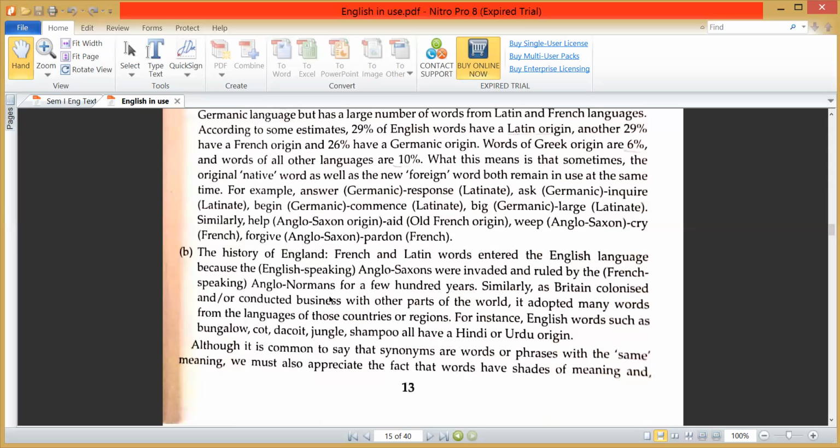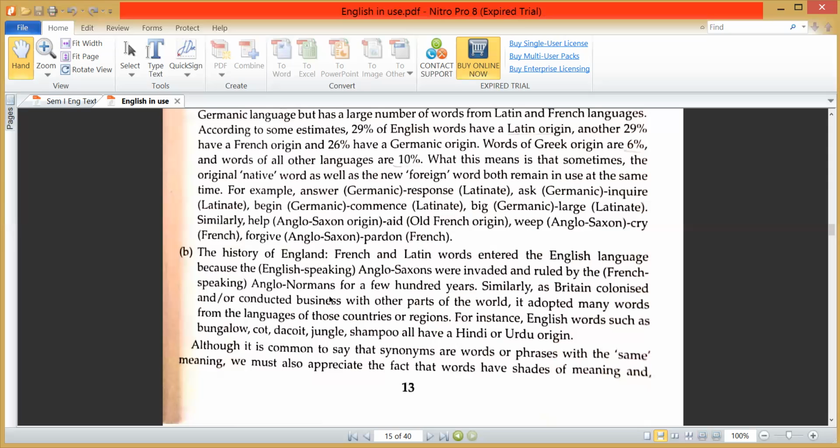Some examples of what they might have picked up from our country, India, are bungalow, court, dacoit, jungle, shampoo. All these are from Hindi or Urdu origin.